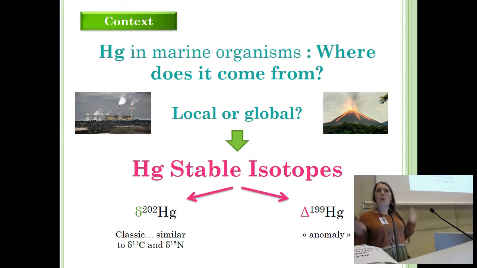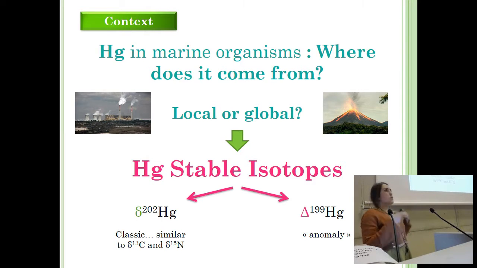Now, the important thing is that these two values depend on different processes, so they give us different information on the mercury cycle. And by combining them, we can probably trace mercury contamination sources. The research is still in the beginning, so it's very promising, but it's a start.